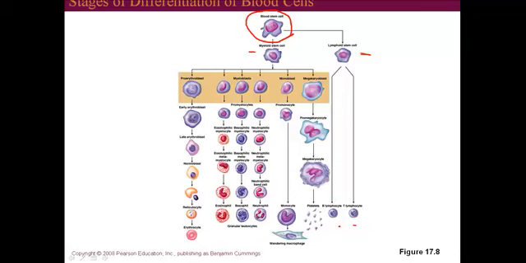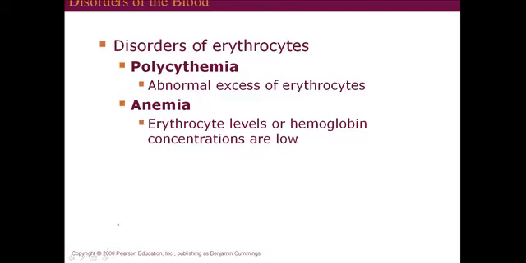Then we have this megakaryoblast. It forms a promegakaryocyte and then a megakaryocyte. That'll bust up into little pieces called platelets. Then we have the monoblast, promonocyte, monocyte, and so on. You can look this over. It's an easy way to see where these cells came from.